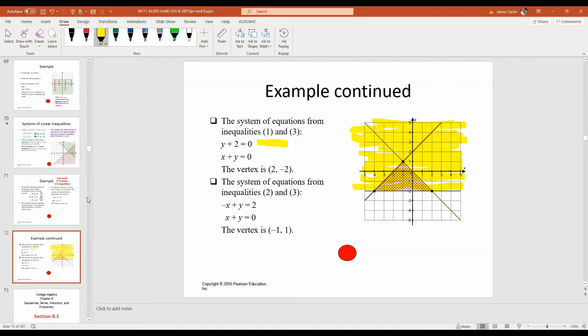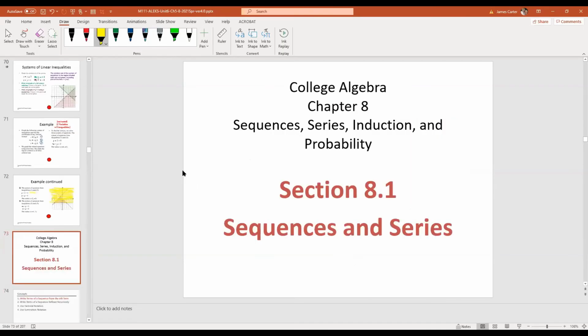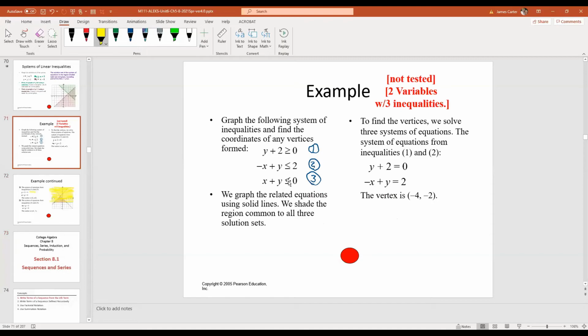Okay, in the second problem, this becomes y is less than or equal to, that's a positive y, x. There's that y equals x 45-degree line and everything below.